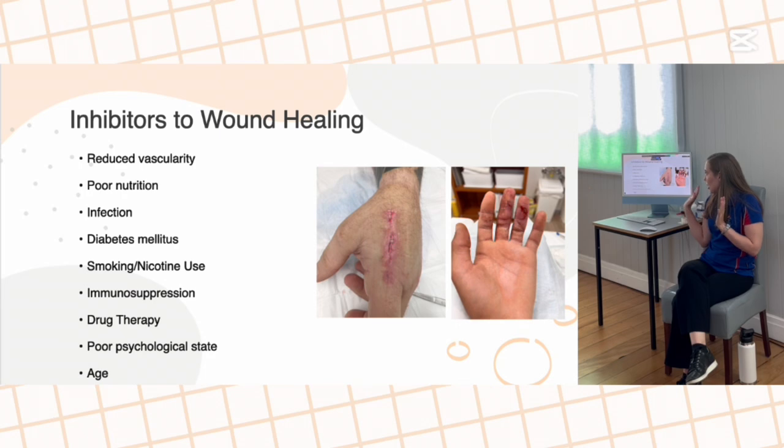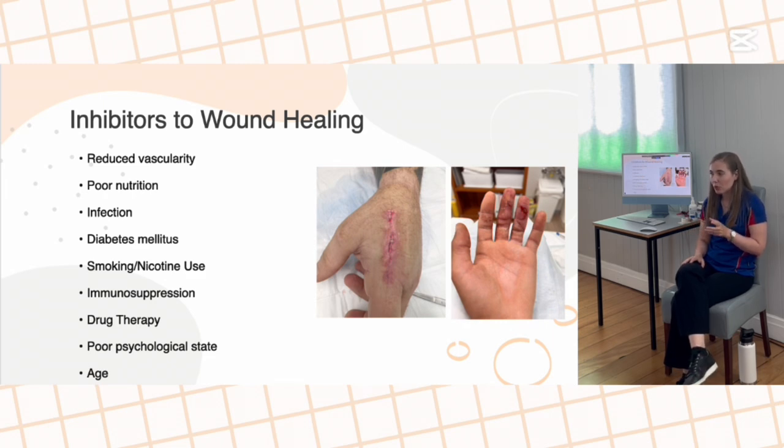So, inhibitors for wound healing. Reduced vascularity, poor nutrition, infection, diabetes, smoking, and I've also put down nicotine use because there are now multiple ways to have nicotine. When I'm working with someone, I always ask them if they smoke, but if they say yes, I'll probe more into the question rather than leaving it as a yes or no to tobacco.